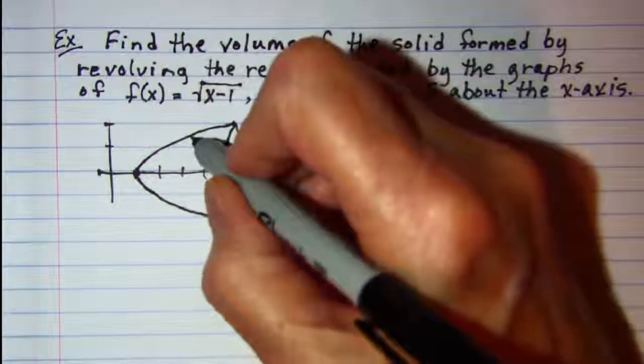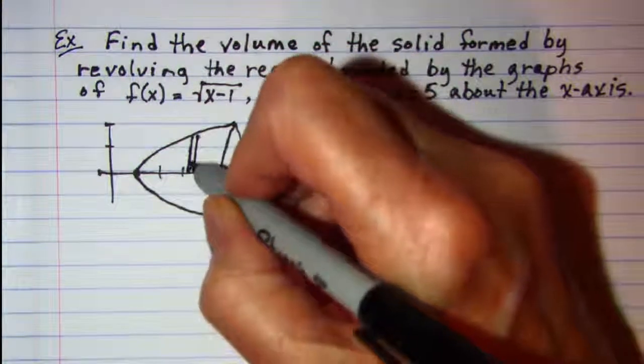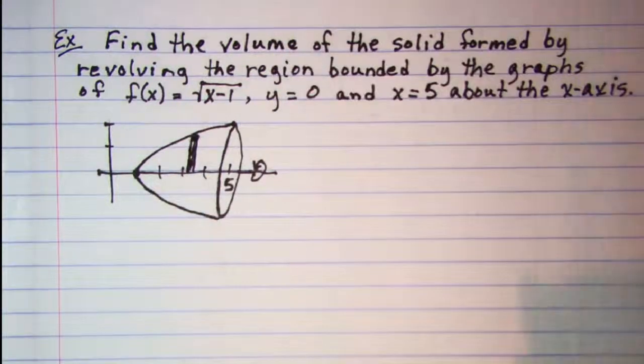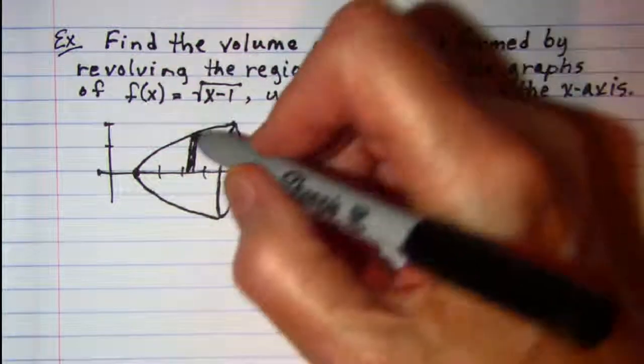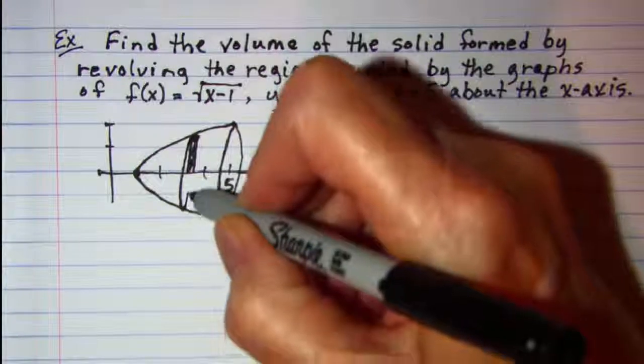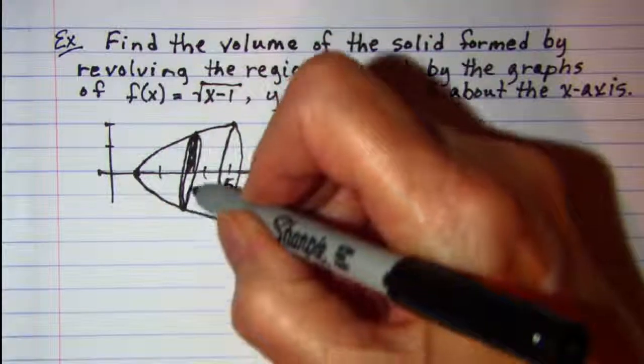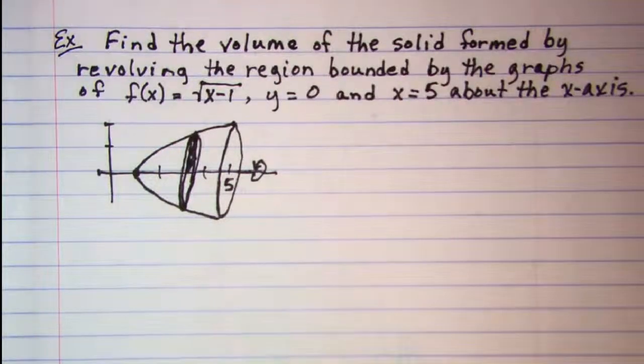Let me also show a representative rectangle. And then this guy when he's revolved would be right there.